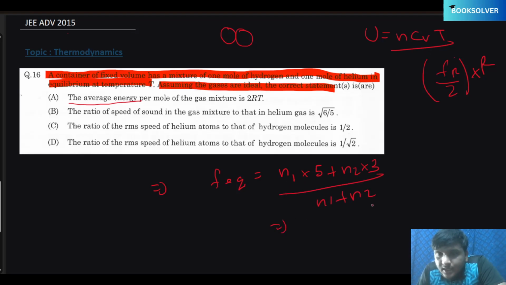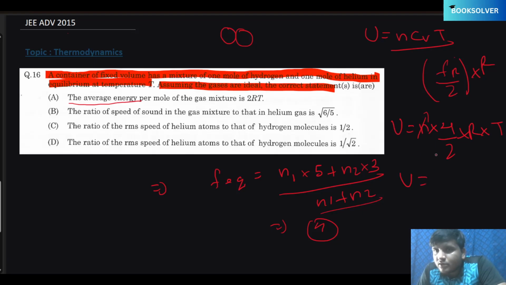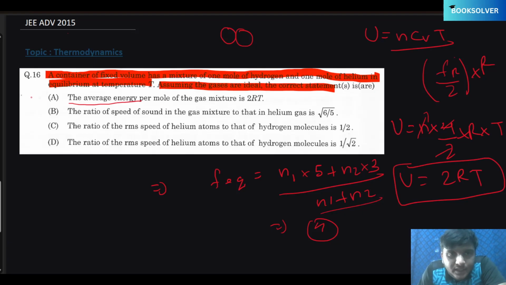So 5 plus 3, 8, by 2. So the degree of freedom has become 4 here. So the energy will be equal to n times 4 by 2 into R into T. The equivalent mole is also equal to 1 here, so the net energy will be equal to 2RT, which matches our option A. So option A is correct here.